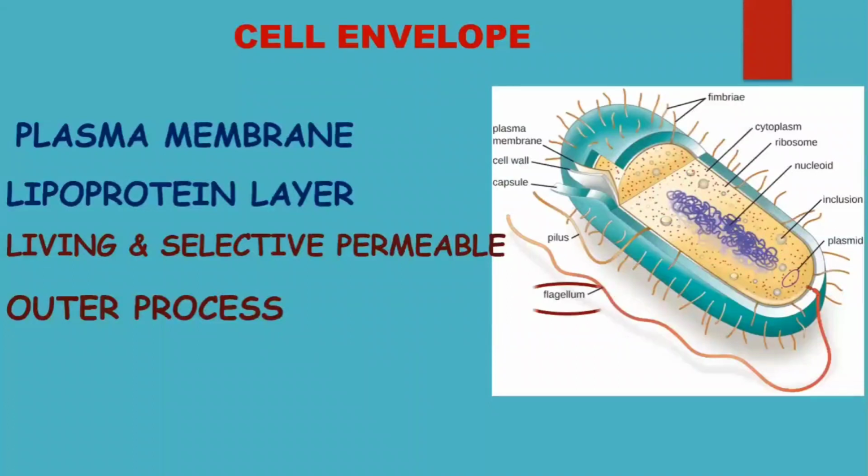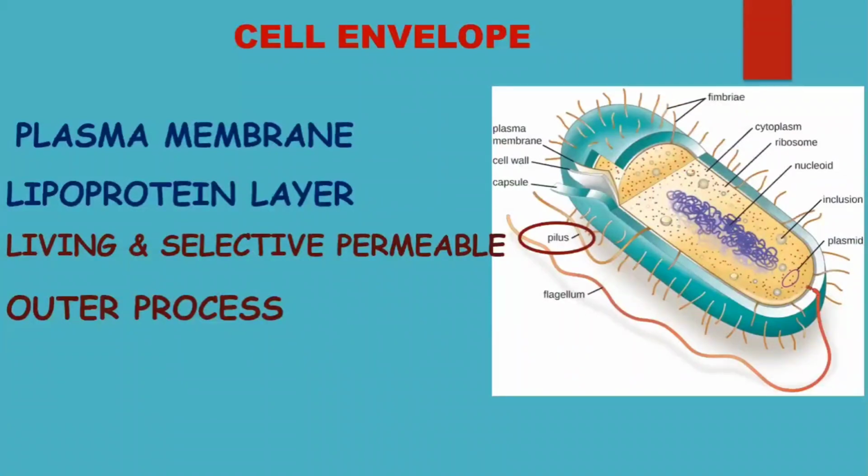Flagella. Next outer structure is fimbriae. Fimbriae are short as compared to flagella, straight and help in anchoring. Third structure is pilus.